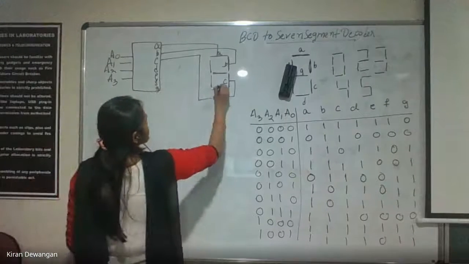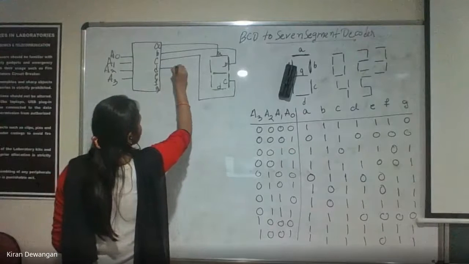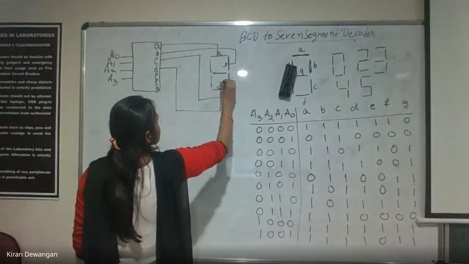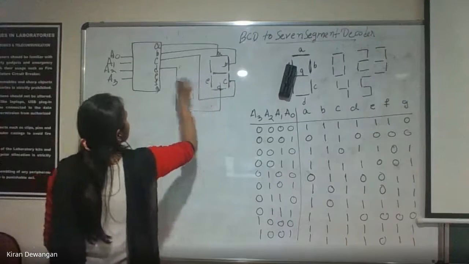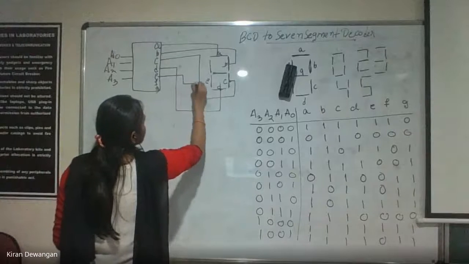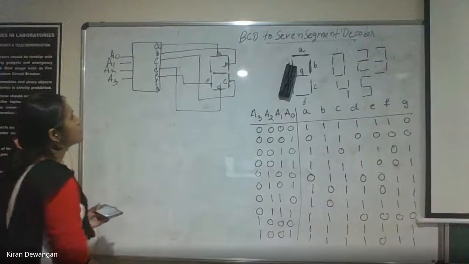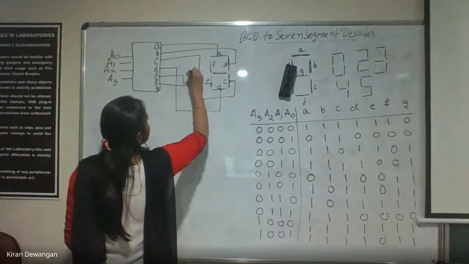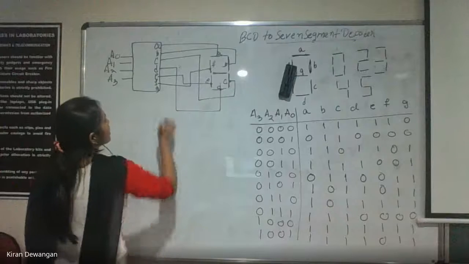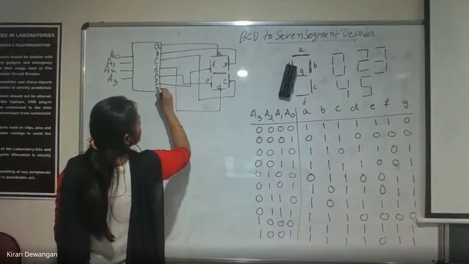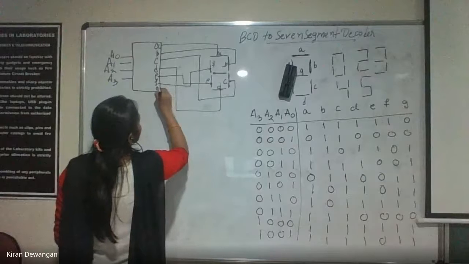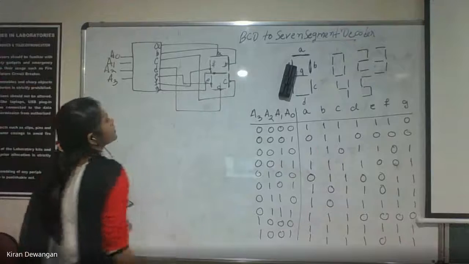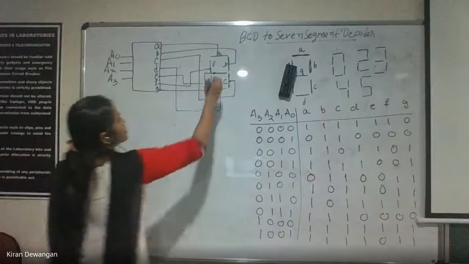This is D. D should be connected with this segment. This is the connection. This is E. E should be connected with this segment. This is F. F should be connected with this particular segment. Now I need to connect G. So let me take it from here. This is connected to G.